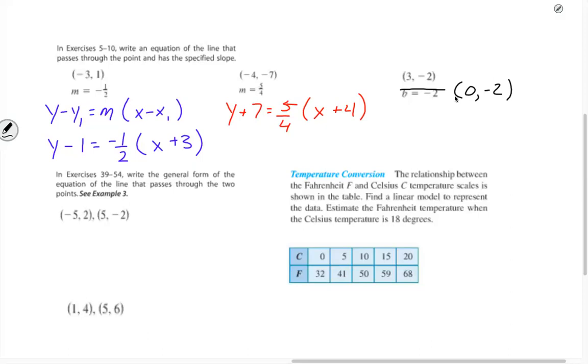Now, what do I notice about that point? Let's do that. Justin, what's my slope? -2 plus 2 over 0 minus 3.